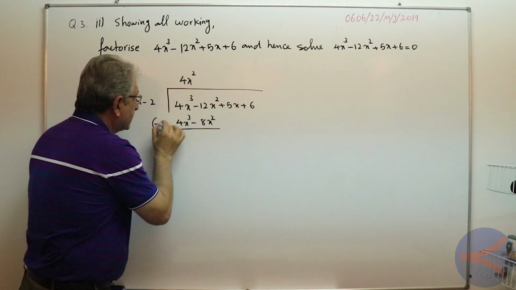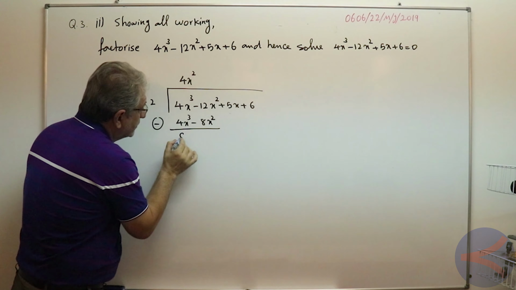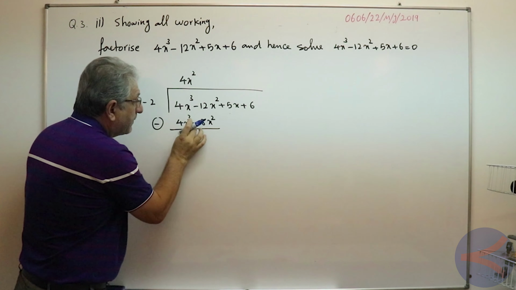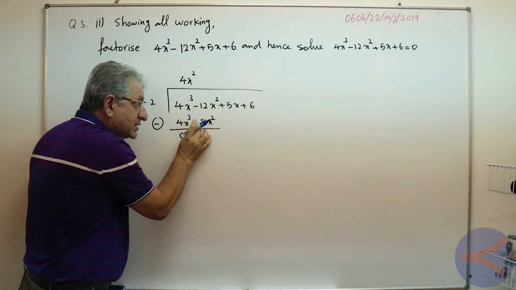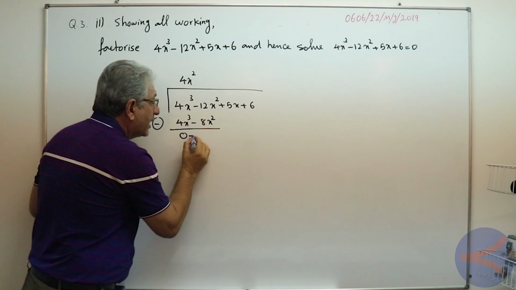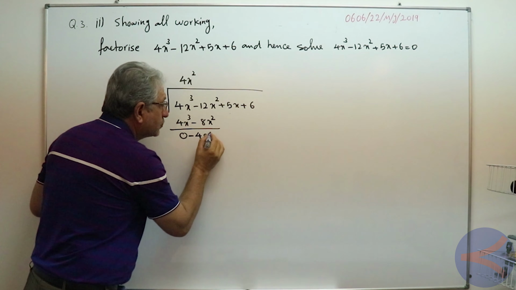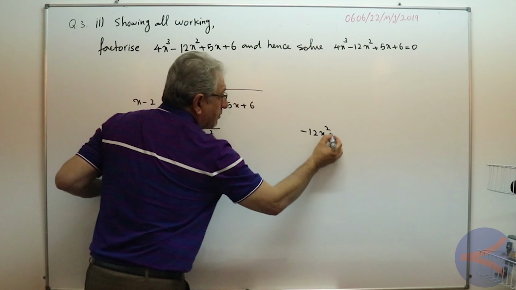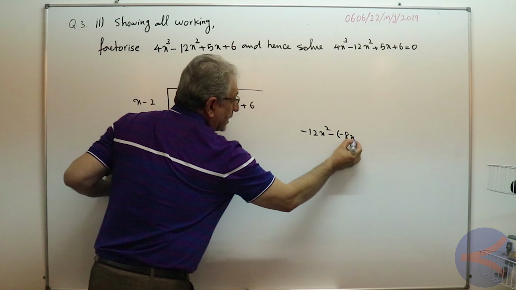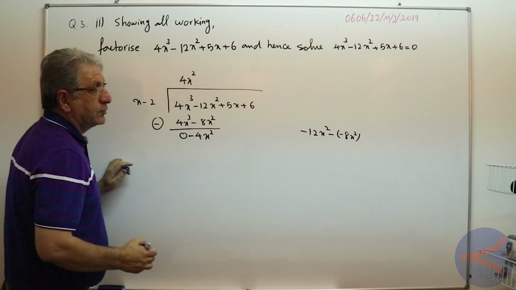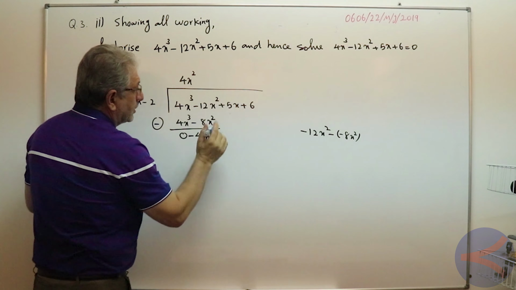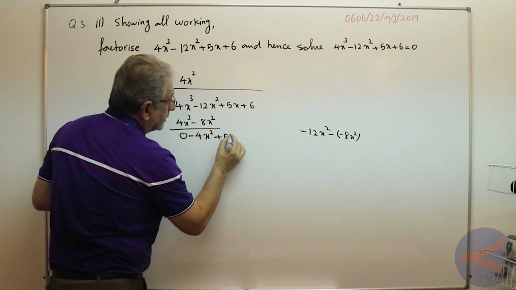This minus this will be 0, and this minus this, minus of minus 8x squared will be plus. Actually you have minus 12x squared, so you get minus 4x squared. And we can bring down this 5x.